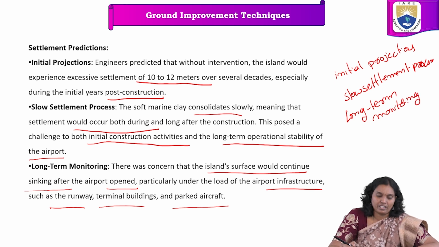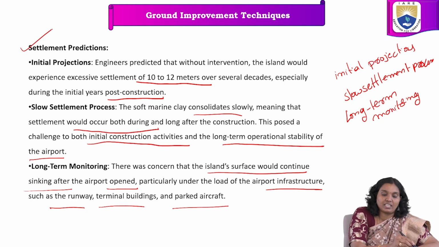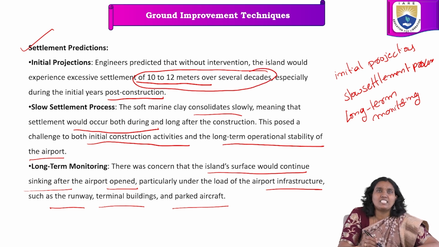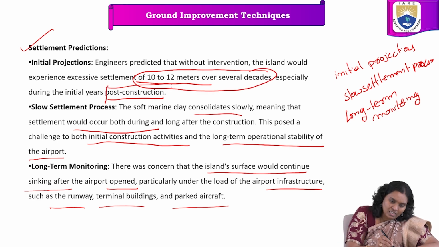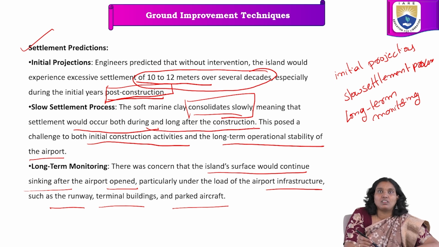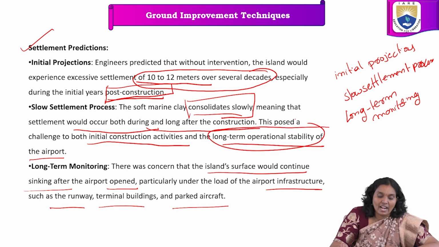Long-term monitoring. There was a concern, based on all these settlement predictions, of a settlement of 1 to 12 meters over several decades, especially post construction, and also the slow settlement process, as the clay consolidated slowly, which would occur both during and after construction. Hence the long-term stability of the airport and the long-term monitoring.